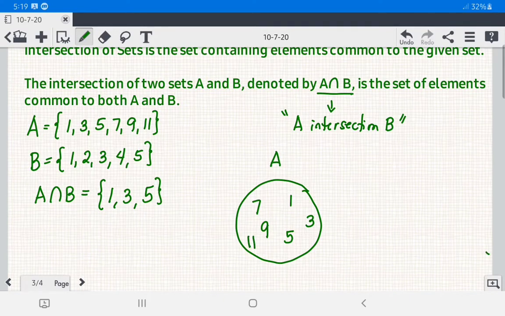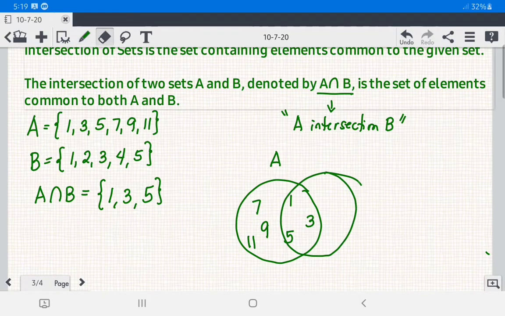Okay, so for set B, let us make another circle, but then we have to consider elements 1, 3, and then 5. So we have to include 1, 3, and 5 here. Okay, so this is set B.